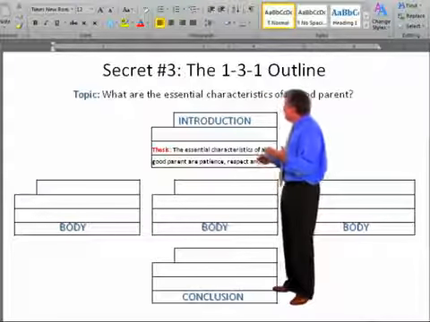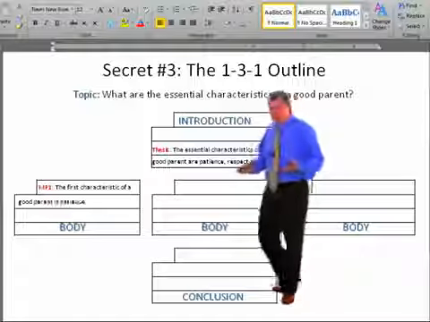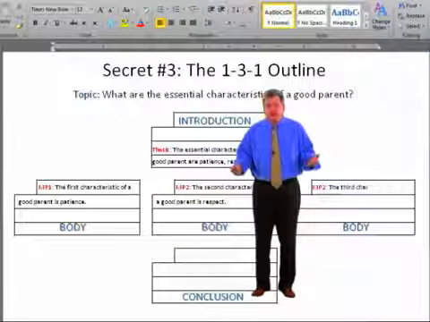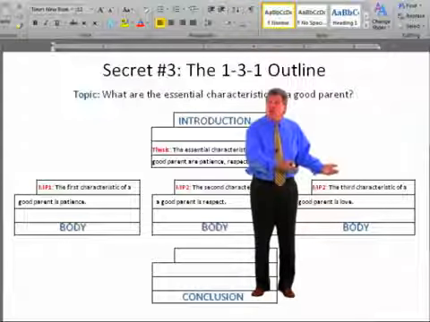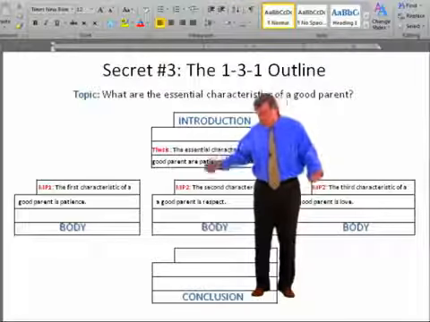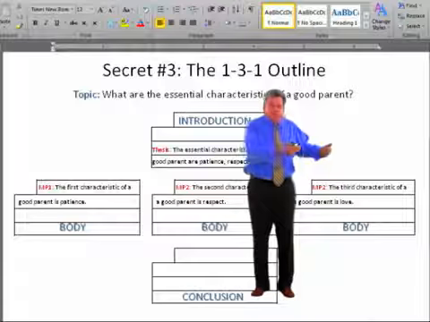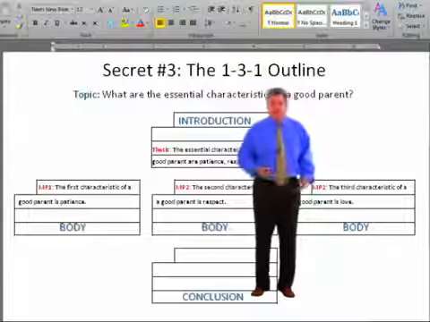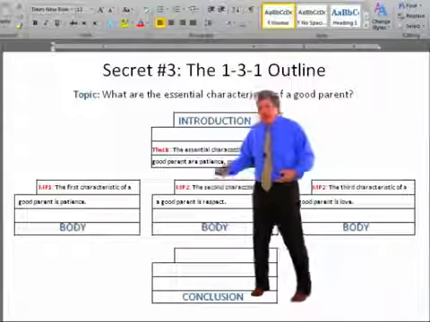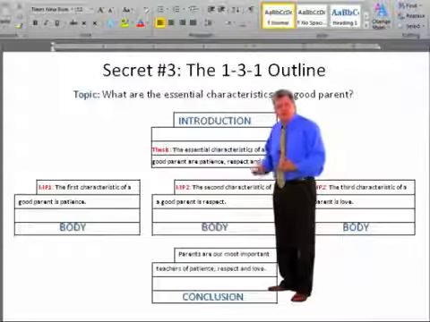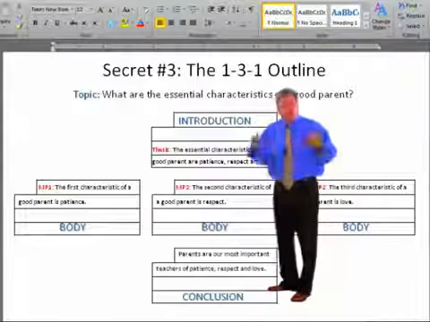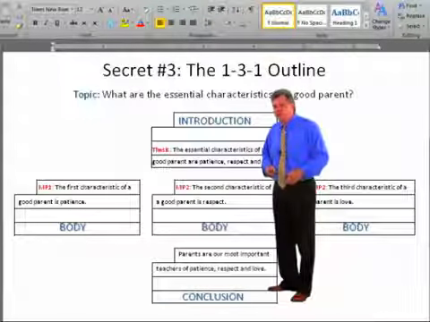And there they are, the first, the second, and the third essential characteristics: patience, respect, and love. So your three main points become your three main topic sentences of your three body paragraphs. And then at the end, you're going to have a conclusion. In the conclusion, you revisit your thesis in a special way, kind of telling the overall importance of what you've written.